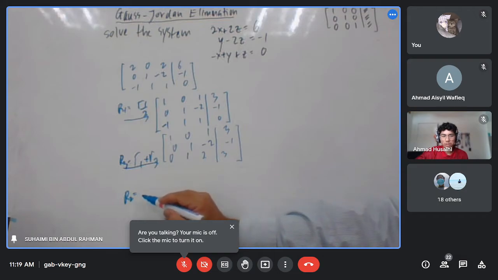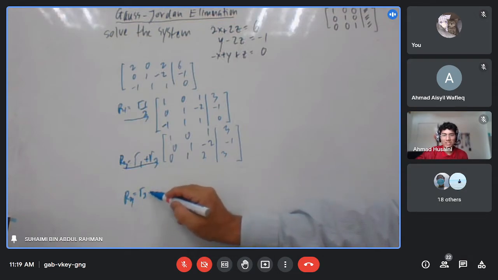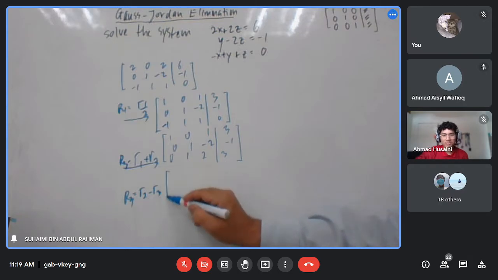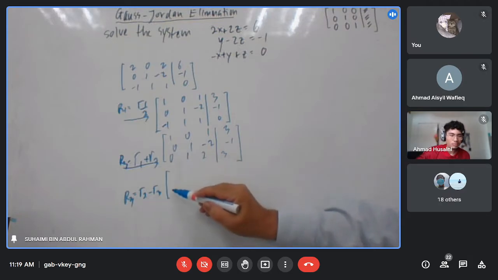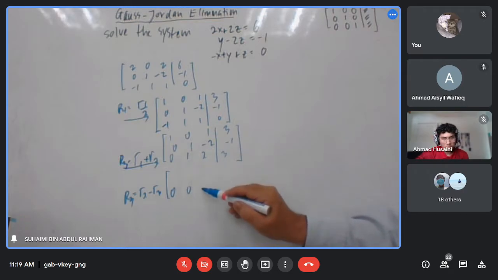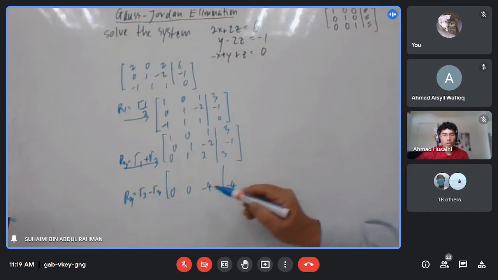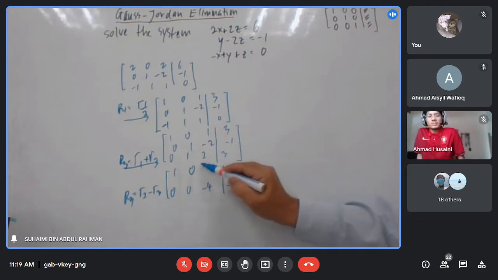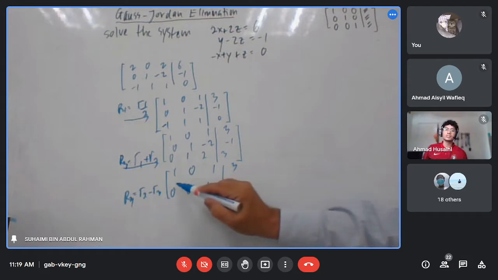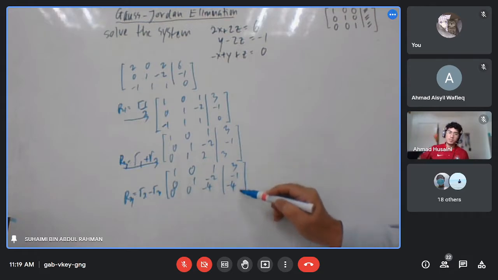Row 3, right? Which is row 2 minus row 3. Okay: 0 minus 0, 0; 1 minus 1, 0; minus 2 minus 2, minus 4; minus 1 minus 3, minus 4. So 1, 0, 1, 3; 0, 1, minus 2, minus 1; 0, 0, minus 4, minus 4.